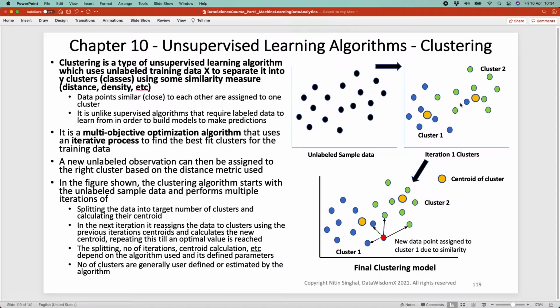Once you've done that, you'll find that some of the points in these two clusters now need to be rearranged, right? Because they're still closer to each other, a little bit jumbled up. So you'll reassign some of these points to the different clusters, which will require recalculating the centroid, right? Because the centroid is calculated using the distance of all these points.